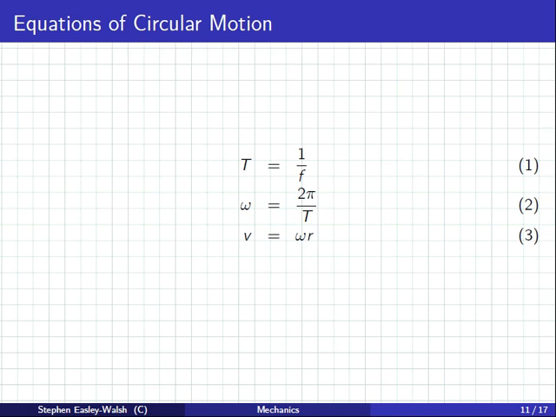Equation 3, v equals omega r. Equation 4, a equals v squared over r. And that's it, those 4 equations. Now we'll have a look at some examples. So make sure you write these down carefully.